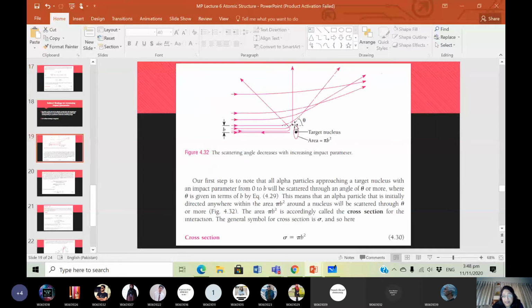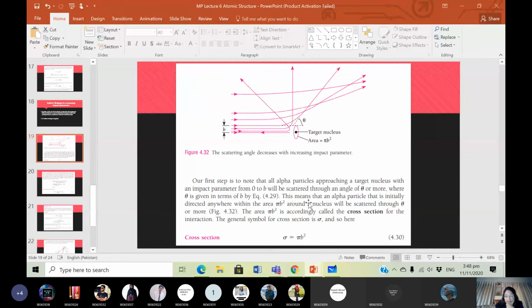If B is smaller then the deflection should be larger, right? What will theta be in this situation if it's going exactly backward? 180 degrees, right? Anyway, that is the relation between B and theta that we found.